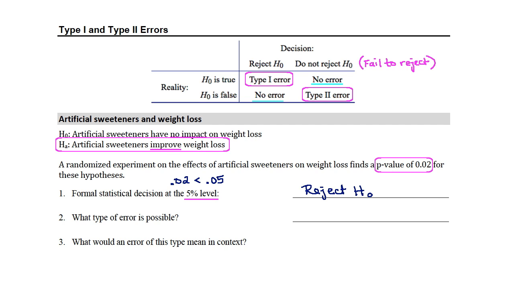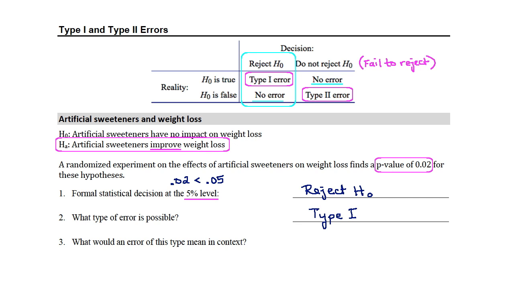It looks like we do have evidence that artificial sweeteners improve weight loss. If we rejected the null hypothesis, the only type of error that is possible is a type 1 error. So this answer is automatic based on the fact that we reject.